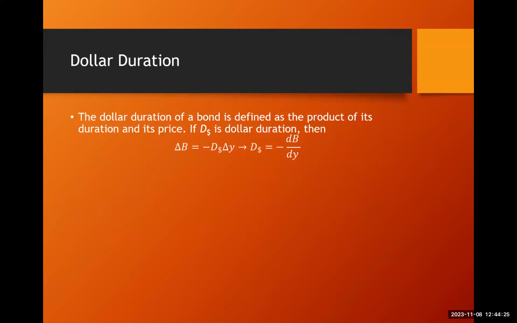The next type of duration we talked about was dollar duration, which is when you convert the duration into an absolute amount. Duration tells us the percent change in our portfolio because we took a derivative and divided it by B. If we don't divide by B, then we get the absolute change, which can be of more interest if you want to know how much your portfolio value is changing.